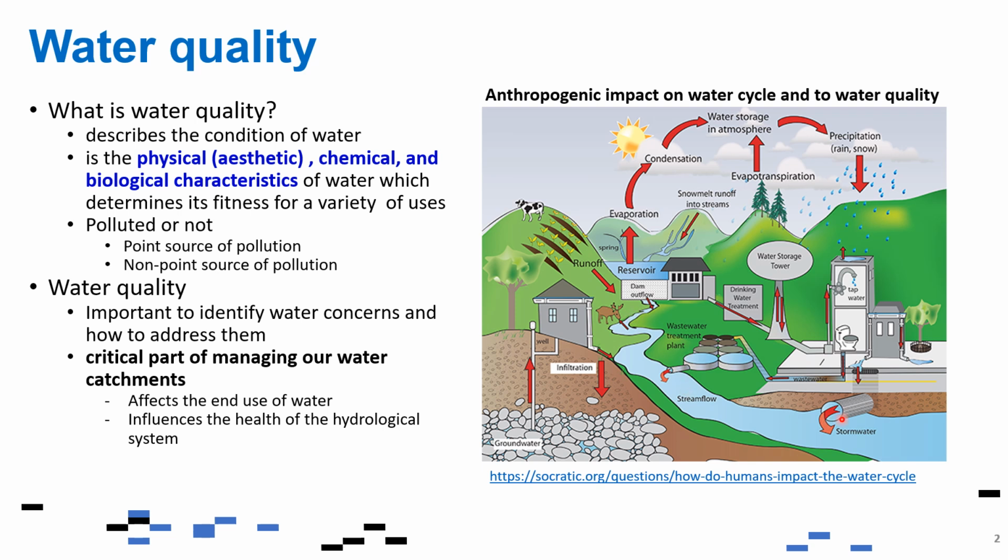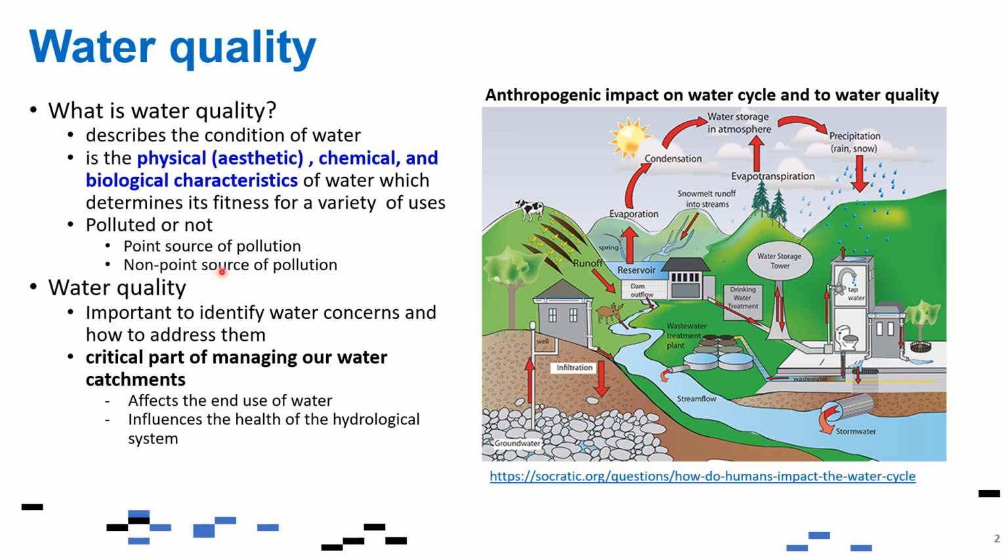So in this case, we can describe these different sources of pollution as a point source. A point source is something that is easy to identify because it is coming from a single source or something that is fixed. For example, in this case, it is coming from a discharge from wastewater. So it's a point source. So we'll be able to identify the quality of this source.